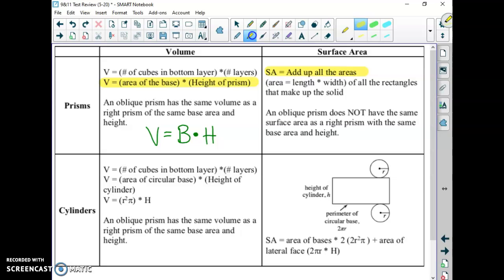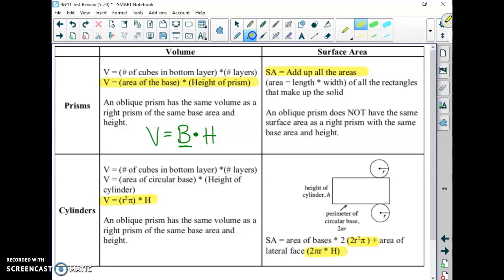Cylinders, on the other hand, are a little nicer because we know what capital B is going to be. For a cylinder, we know this is our circle formula. So for a cylinder, your volume formula is specifically that. And for the surface area, it is specifically this. So it would be 2, oops, that's not right. Silly. Okay.